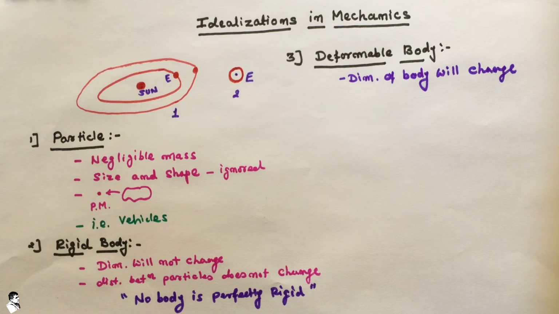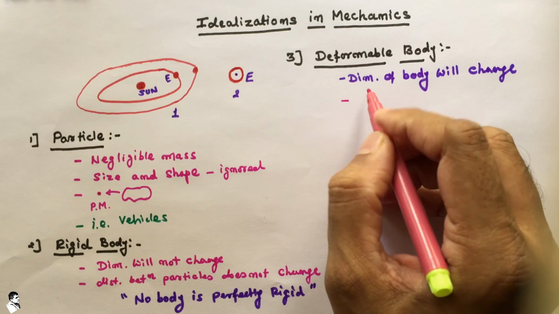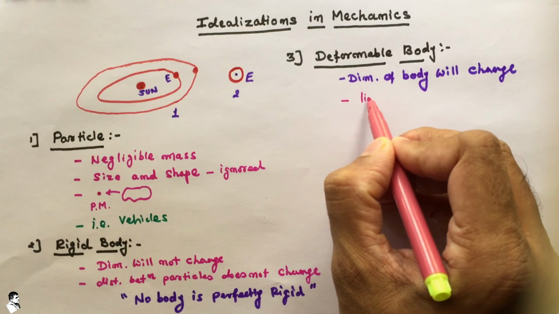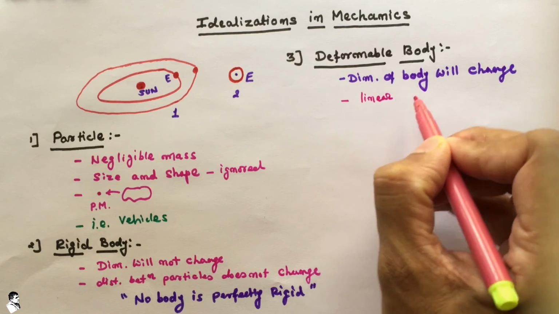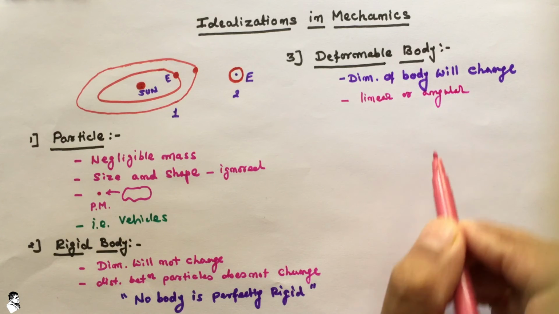In this type of deformable body, the deformations can be in a linear form or an angular form.